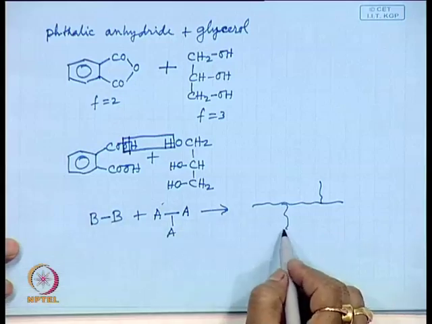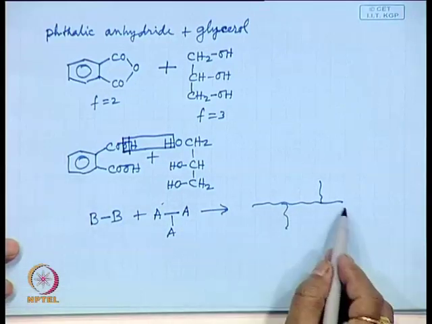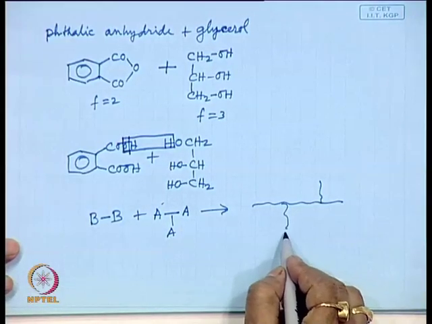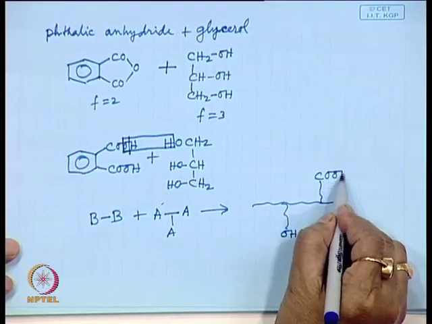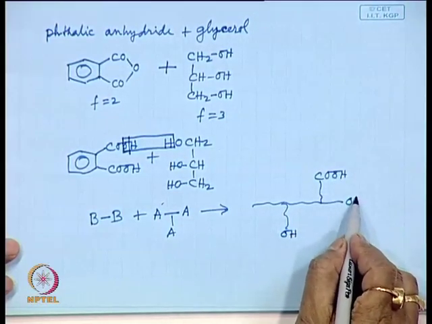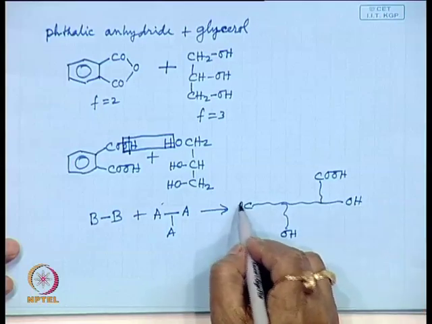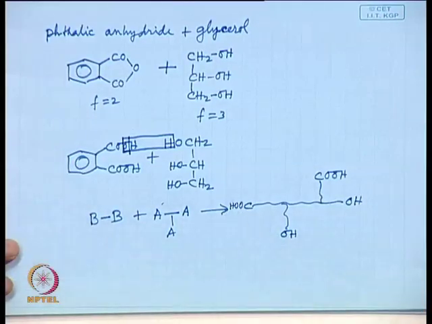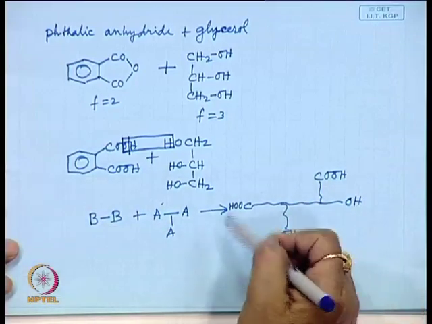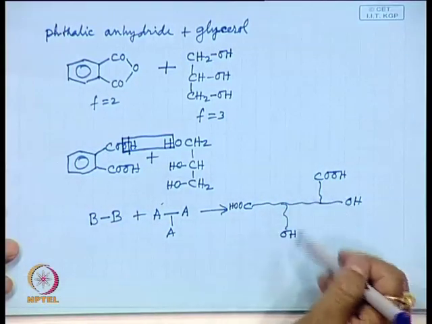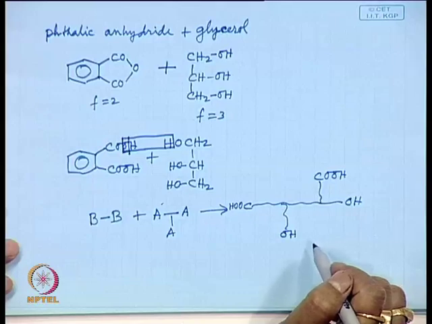Now, the ends of this branch or this polymer chain may contain again OH or carboxyl, that means a mixture of carboxyl and hydroxyl functional groups at the ends of these polymer chains.